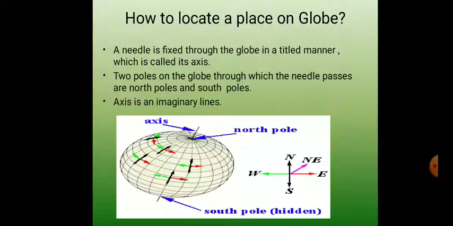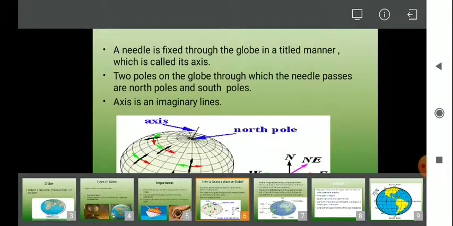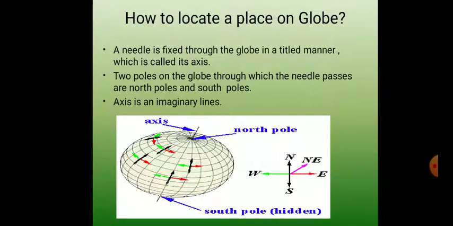The two ends of the axis are called North Pole and South Pole. The imaginary line which we find on the globe is known as the axis.